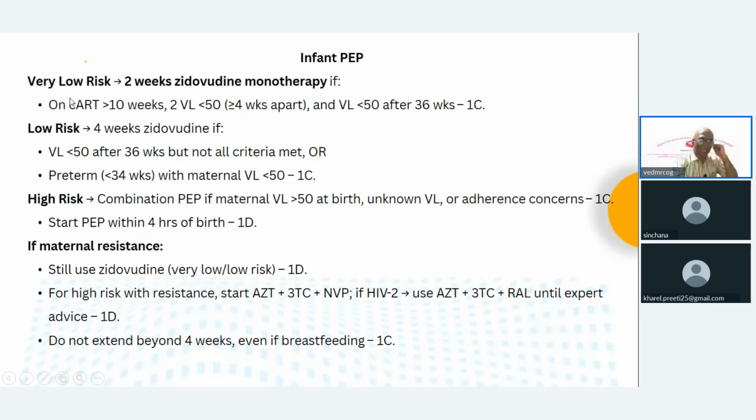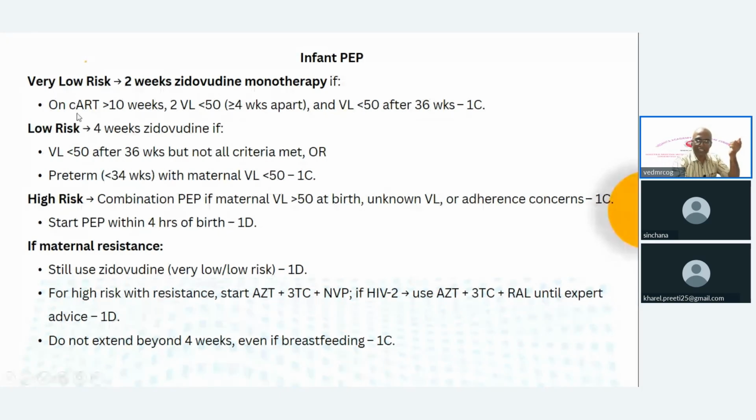So if all 3 criteria are satisfied, then we consider that this baby is a very low risk baby and we give only 2 weeks of zidovudine monotherapy to the baby. So mother should have received CART for more than 10 weeks throughout the antenatal period. There should be 2 viral loads done 4 weeks apart and it should be less than 50, and viral load at 36 weeks should be less than 50 to consider this baby as a very low risk baby.